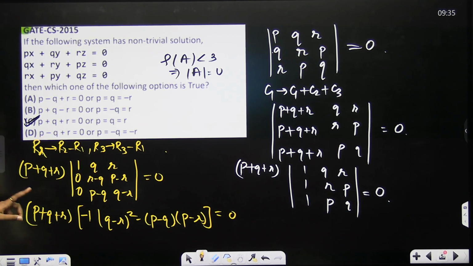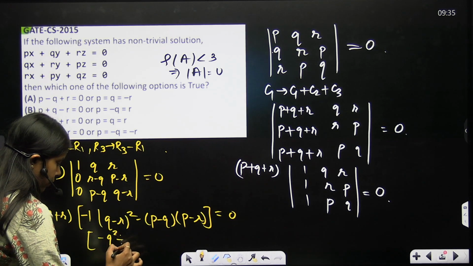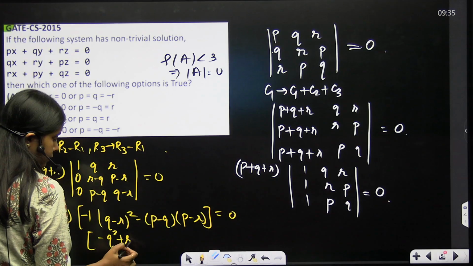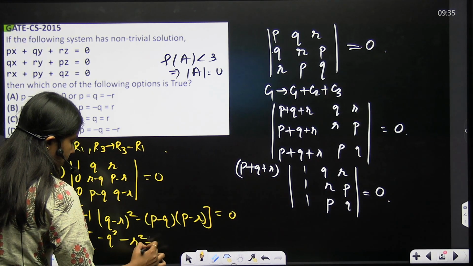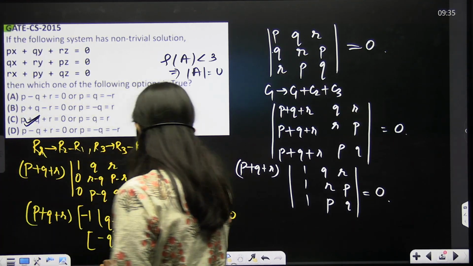And if you are going to expand this, what would it become? Let's expand this. Minus Q square minus R square plus 2QR. Let's expand this one also.